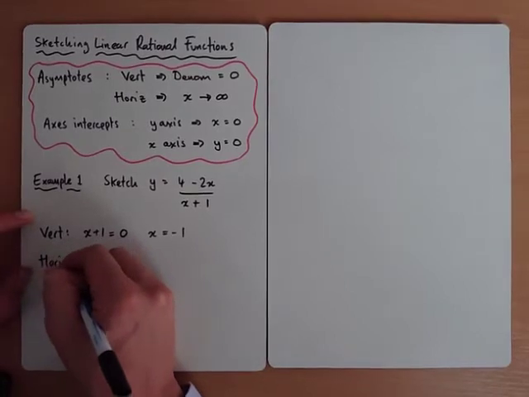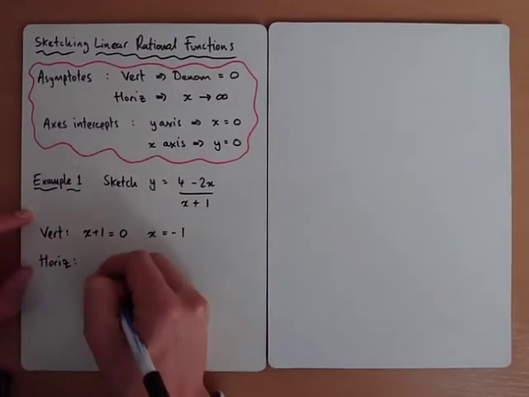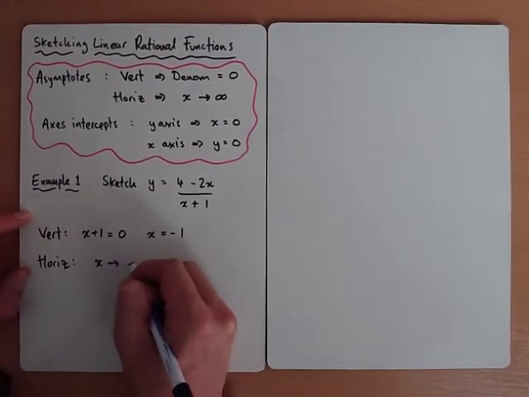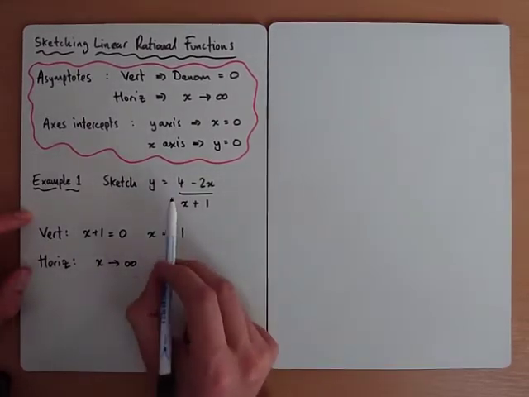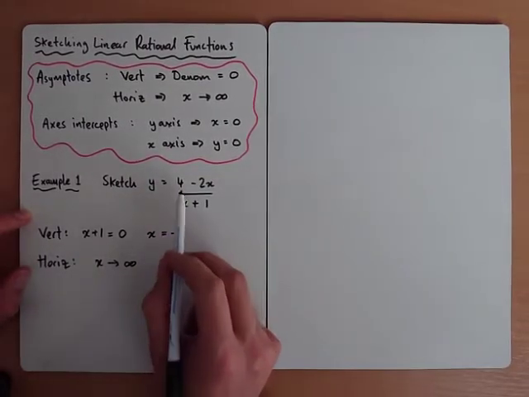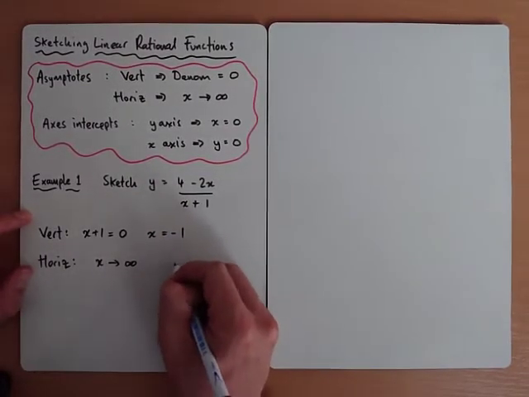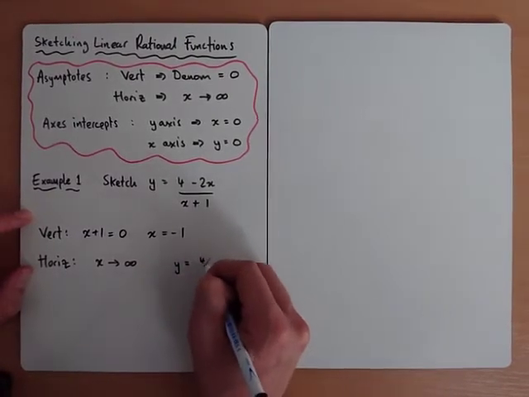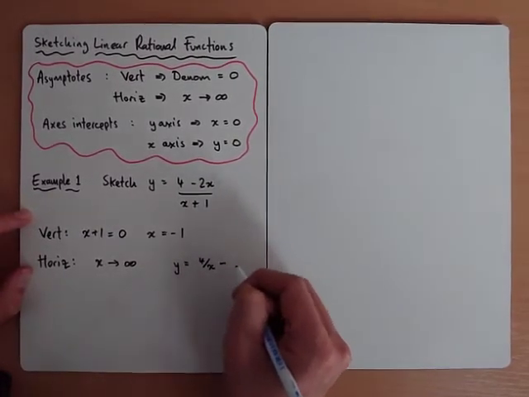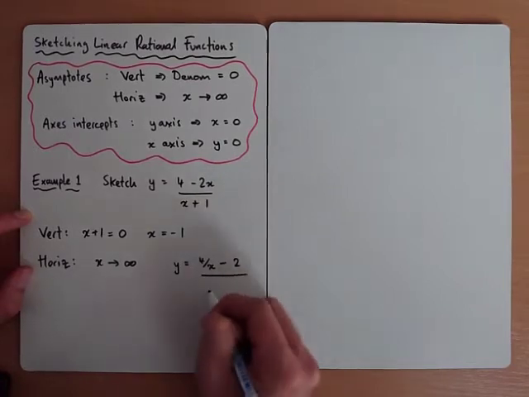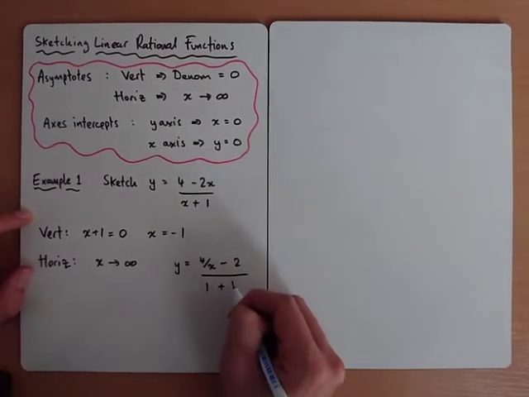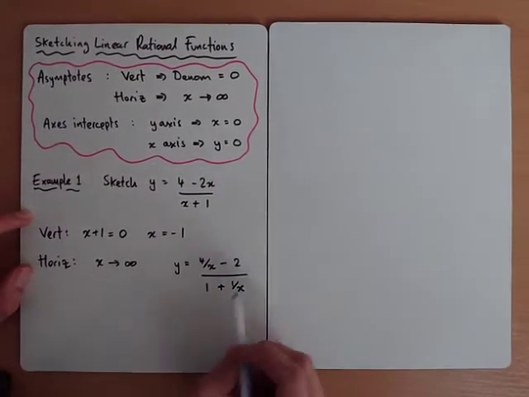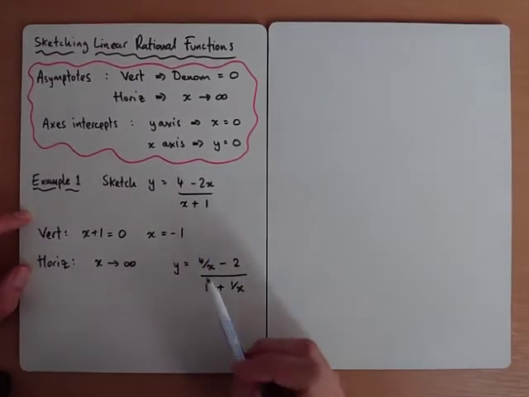Horizontal, that's as x tends towards infinity. So as x gets larger, we can think about this as a fraction that looks like this. Essentially divide everything by x on the top and on the bottom.